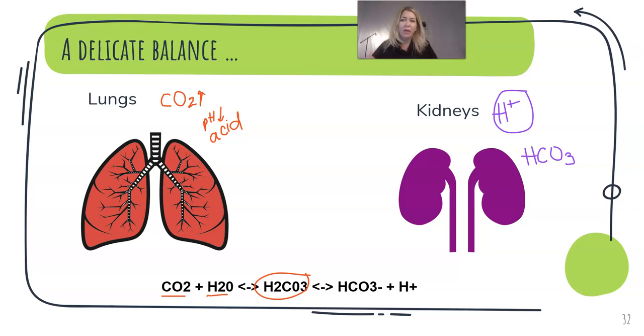Sodium bicarbonate is Na, which is sodium, and then your HCO3. Have you ever had a bug bite or poison ivy and used baking soda on it? It's very soothing. It's very alkaline. So HCO3 is alkaline. If you have a lot of HCO3, your pH is going to be more alkaline, higher.